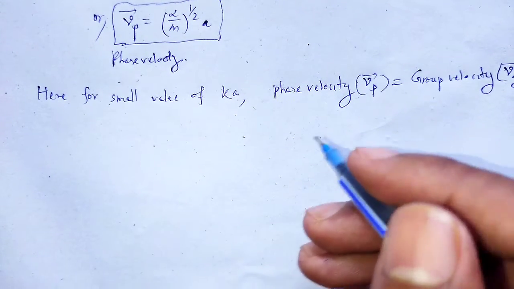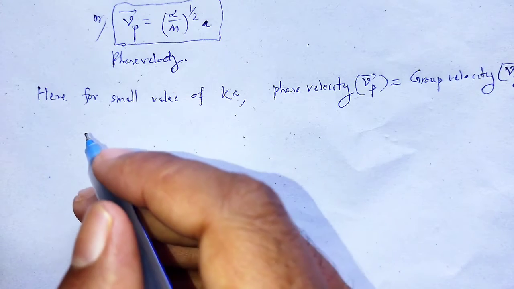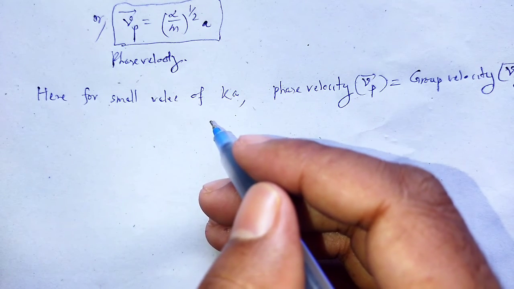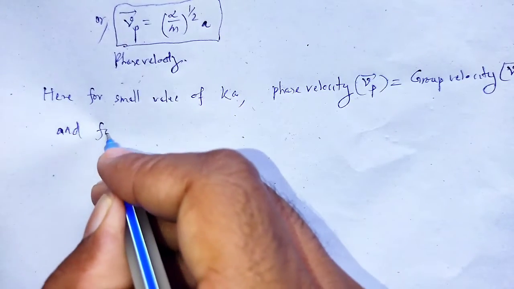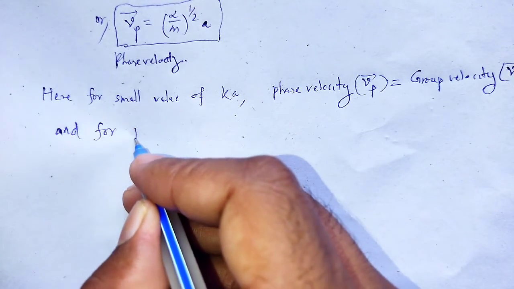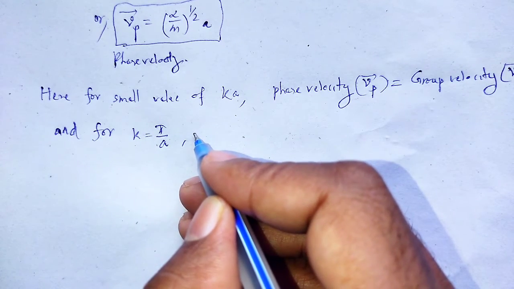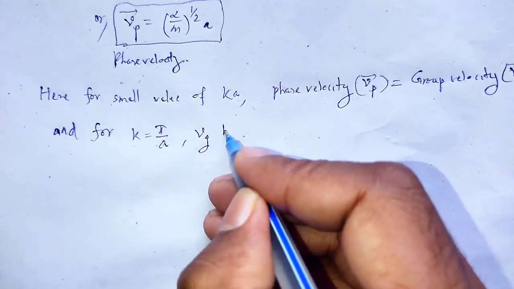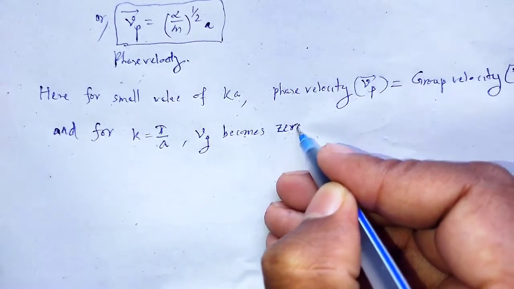And for the value of k equal to pi by a, group velocity becomes 0.